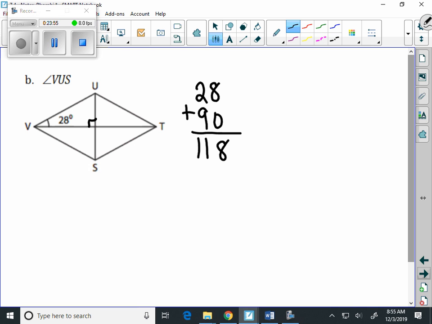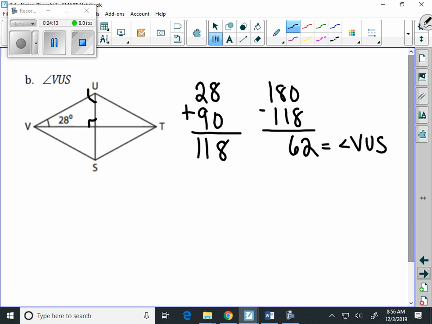And we want to figure out VUS. We want to figure out that angle right there. So we're going to take 180 and subtract 118. And 10 minus 8 is 2, and 7 minus 1 is 6. So our angle VUS is 62 degrees.